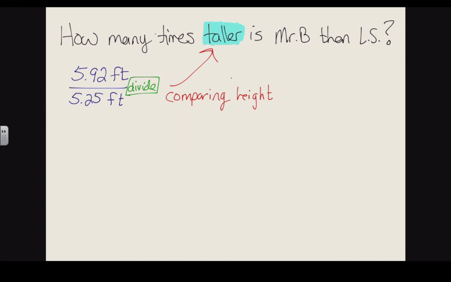And we'll do this step by step. So divide these two numbers, 5.92 by 5.25. Divide these numbers. And Dylan, what do you have? 1.13. So 1.13 times taller.